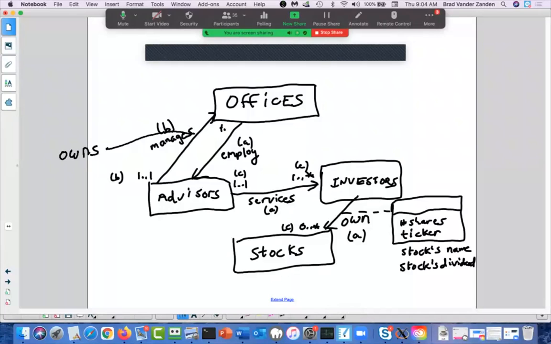Now, you can write it as either 1.1 like that, or it's acceptable when you have a one-to-one relationship to just write it as 1. And so if you just write 1, what that implies is it is a one-to-one relationship. And if you write 1, it tends to make your diagrams a little less cluttered.